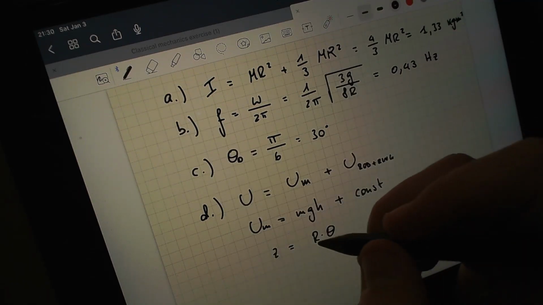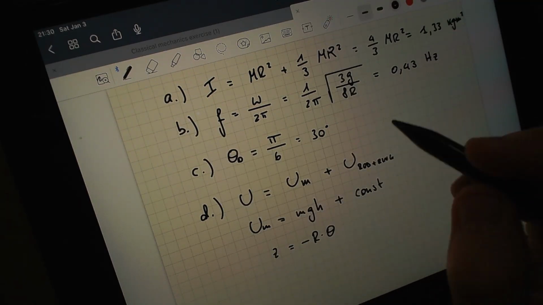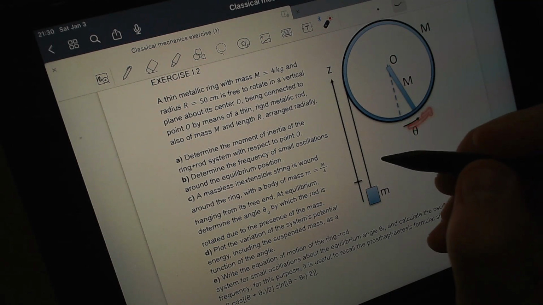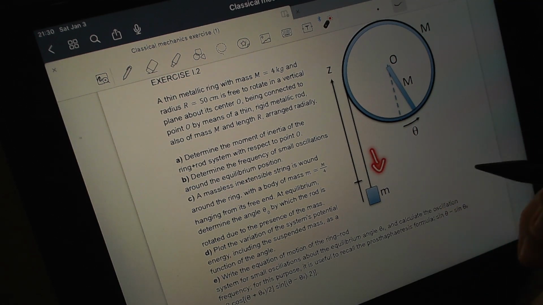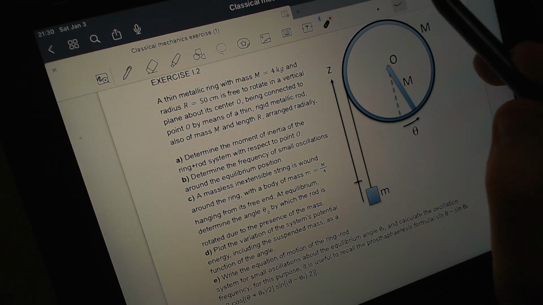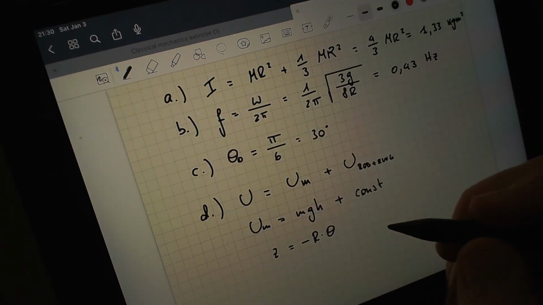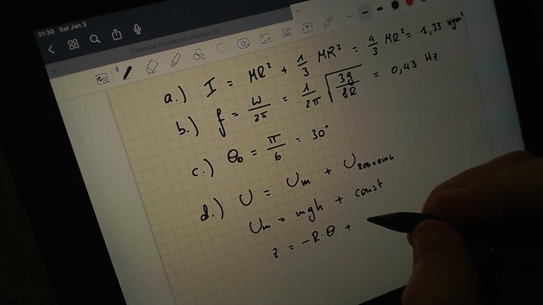We also have to add a minus here, because we know that if theta increases, z goes down. Okay, so we need this minus, and here we should also write plus a constant.